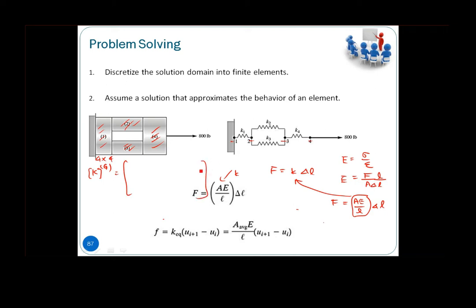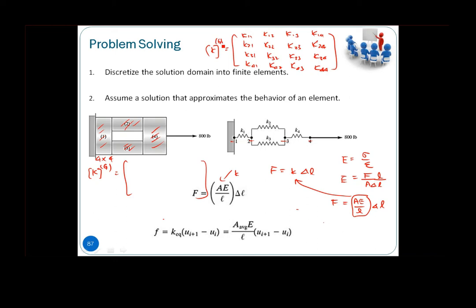We know that the K in a 4 times 4 matrix will have K11, K21, K31, K41, K12, K22, K32, K42, K13, K23, K33, K43, K14, K24, K34, K44. All right, so that is what the global stiffness matrix will look like.